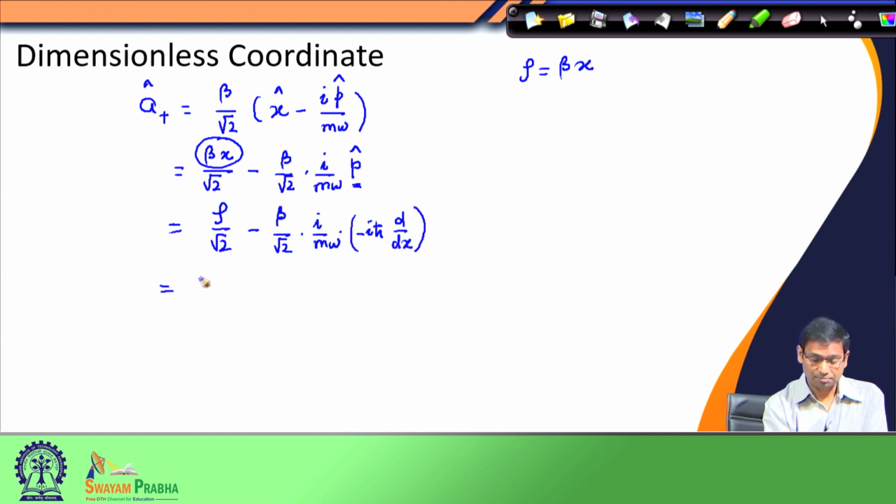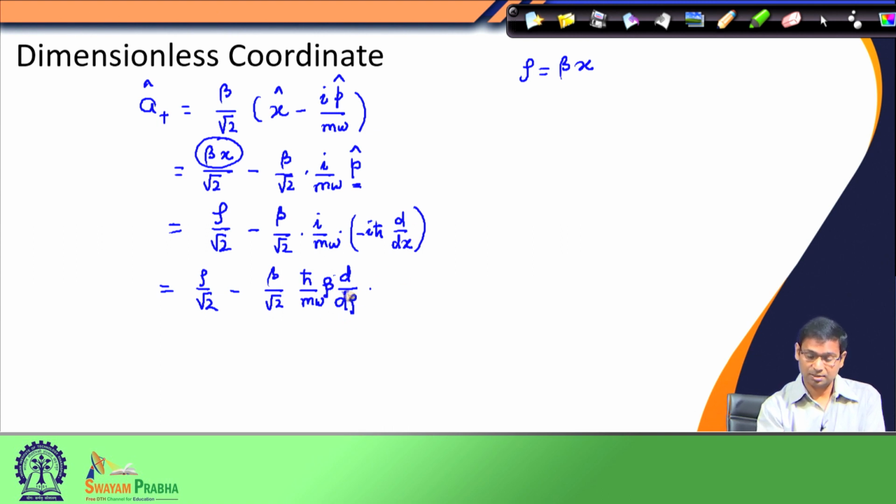When you look at this term, I have rho minus root 2. I see here minus i would give me plus 1, and I am left with beta divided by root 2 times h bar by m omega d by dx, but since x is rho divided by beta, I am writing out d rho, and then I will have to multiply this with beta. I am sorry, this is not rho, this is beta.